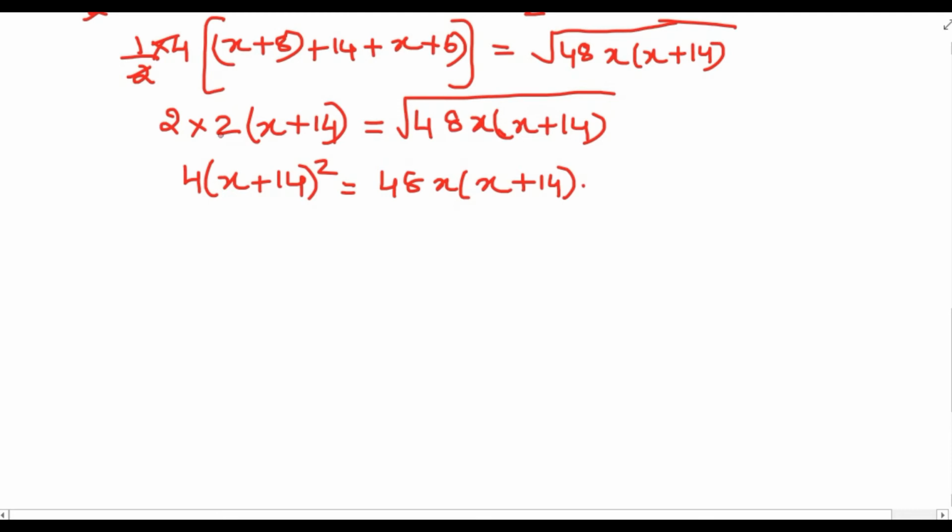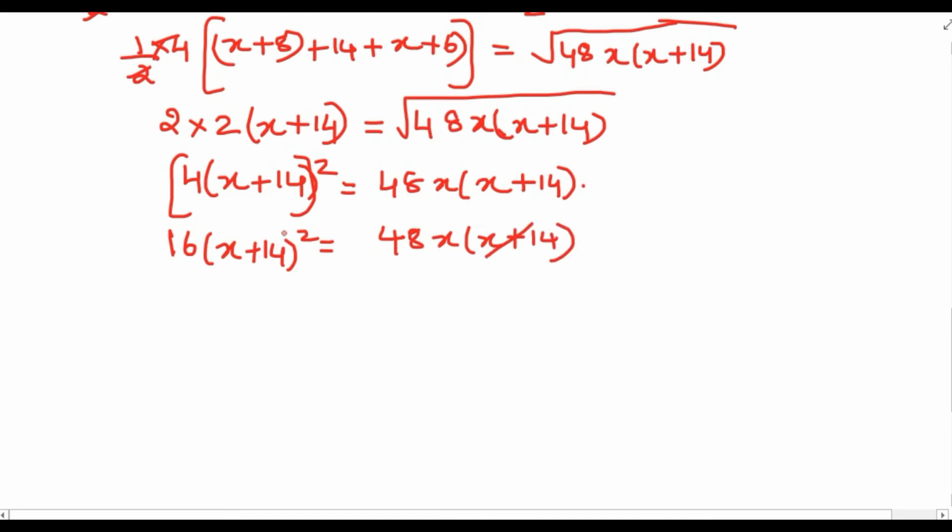When you take the square on both sides, the root disappears. 4 square is 16 into x plus 14 the whole square is equal to 48x into x plus 14. I can cancel one x plus 14 from both sides, and 48 by 16 is nothing but 3.